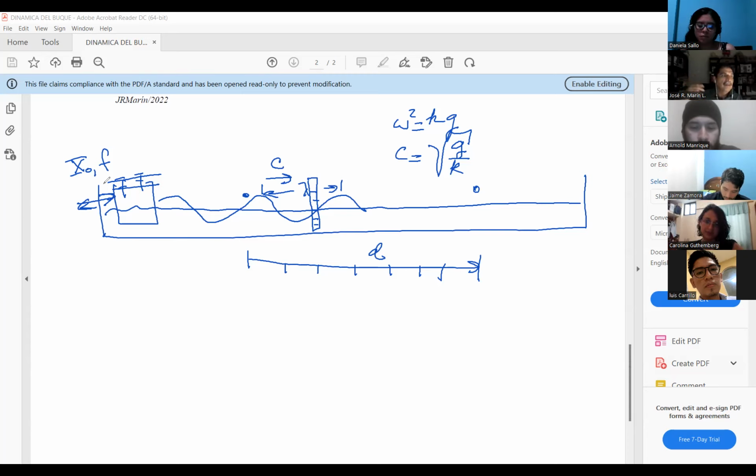For example, if I give you a relation and I ask you to deduce another thing, you don't have to remember that in your memory, but you have to remember how you did it, how to deduce the expression.